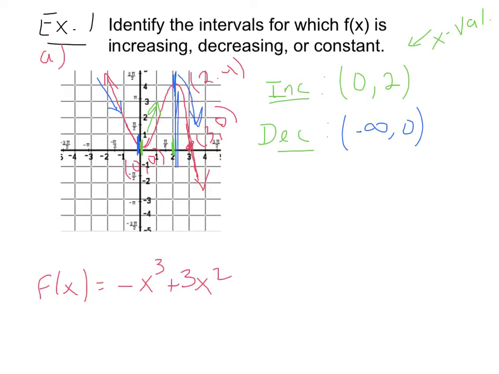So from 2 to positive infinity, as long as the x's are 2 or greater, the value of the function is going down. The function is decreasing. Is there anywhere that the function appears to be constant? Are there any horizontals? The answer to that is no. So we're increasing on one interval and we're decreasing over the other two.